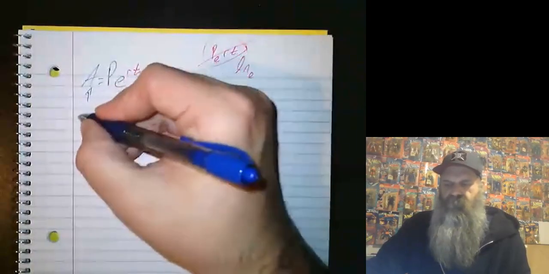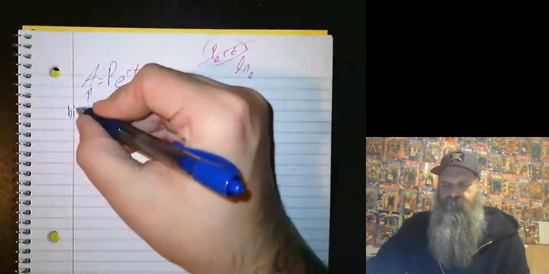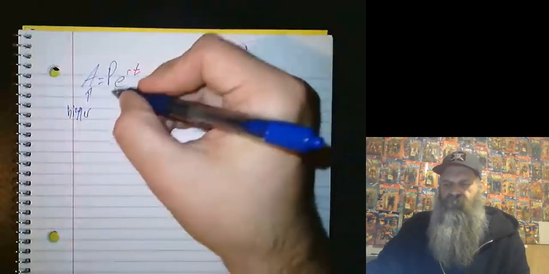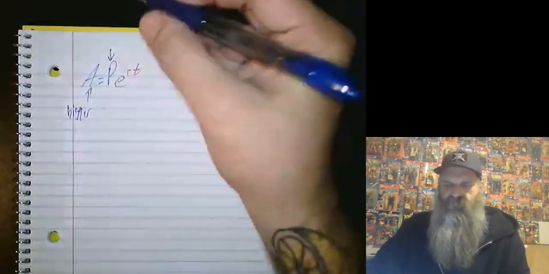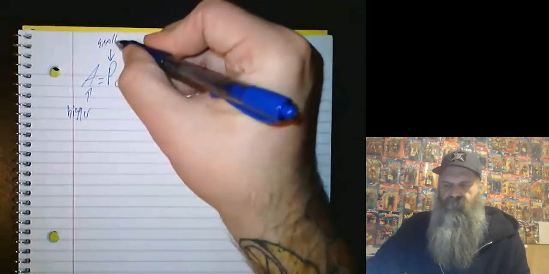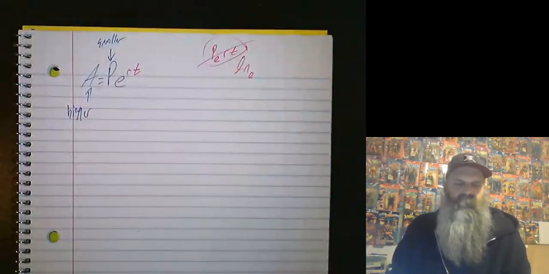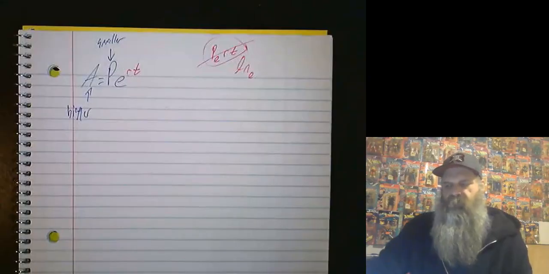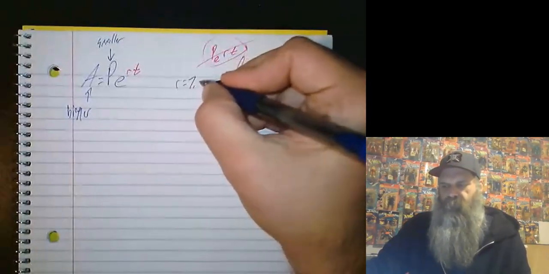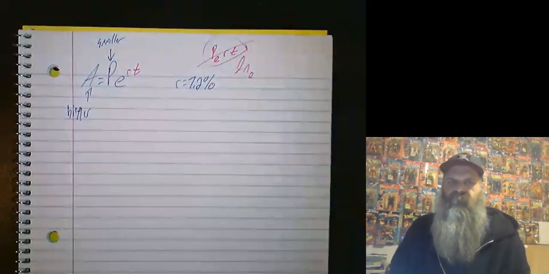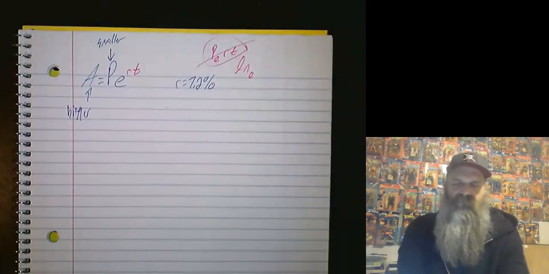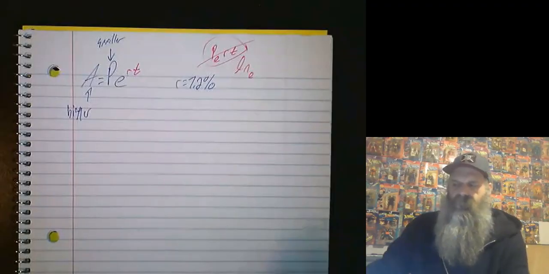So A is going to be the bigger number. P is the amount that we invest. You can think about it as the smaller amount. For the rate, here our rate is 7.2%. Don't get the rate wrong. Some students did on the test.